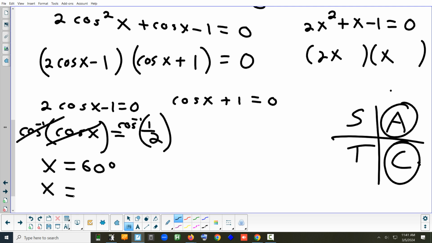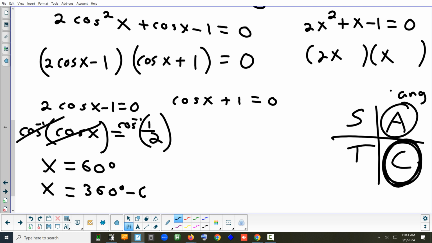And we all agreed the second answer is supposed to be right here. Once you get the angle that's here, what do you do with the first quadrant angle to get the answer down here? 360 minus the angle.